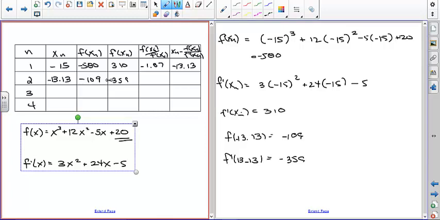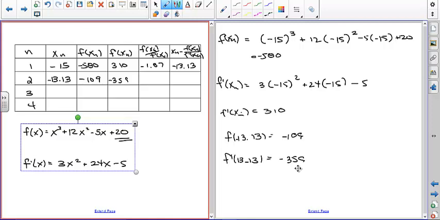I take the ratio of those two numbers. That's not negative, wait a second, something's wrong. Three times negative, oh, I forgot to square it. Okay, so error. I knew it was still negative, so I knew something was wrong.